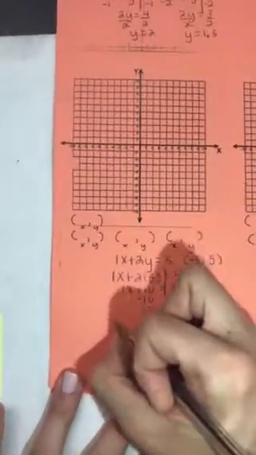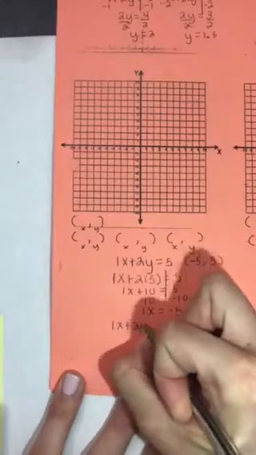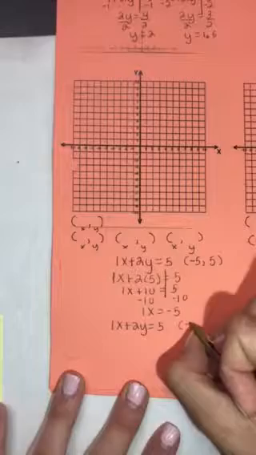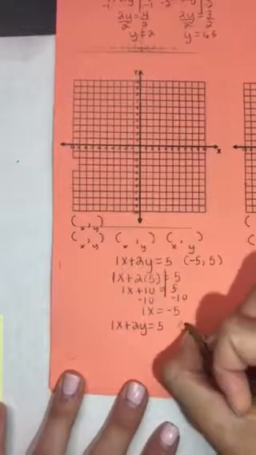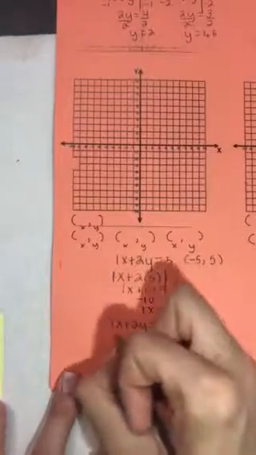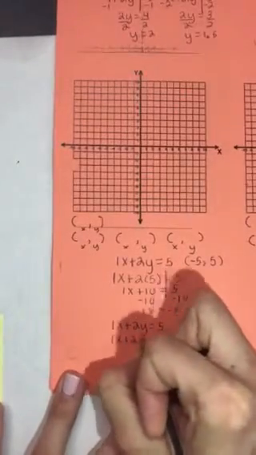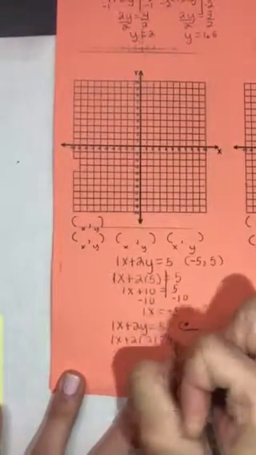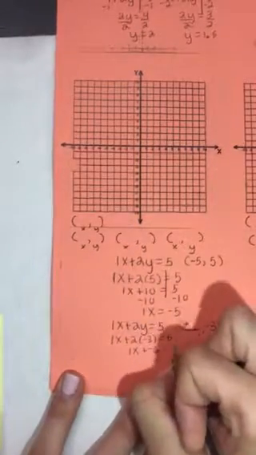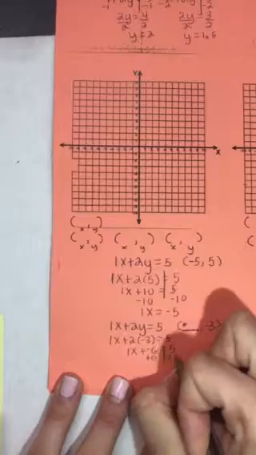Okay, one more time. 1x plus 2y equals 5. I'm going to find another solution. I'm going to leave x blank, and I'm going to substitute negative 3 in for y. 1x plus 2 times negative 3 equals 5. That gives me 1x plus negative 6 equals 5. I'm going to add 6 to both sides.